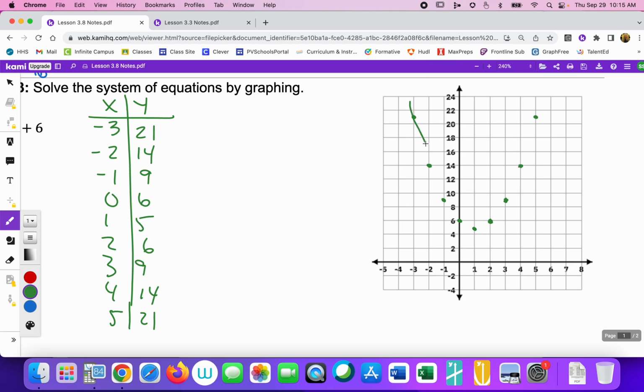Have your points visible because you'll want to find where the line is going to intersect this. So just be aware of that. So as your parabola, I'd recommend starting there because graphing a line does not take as long.